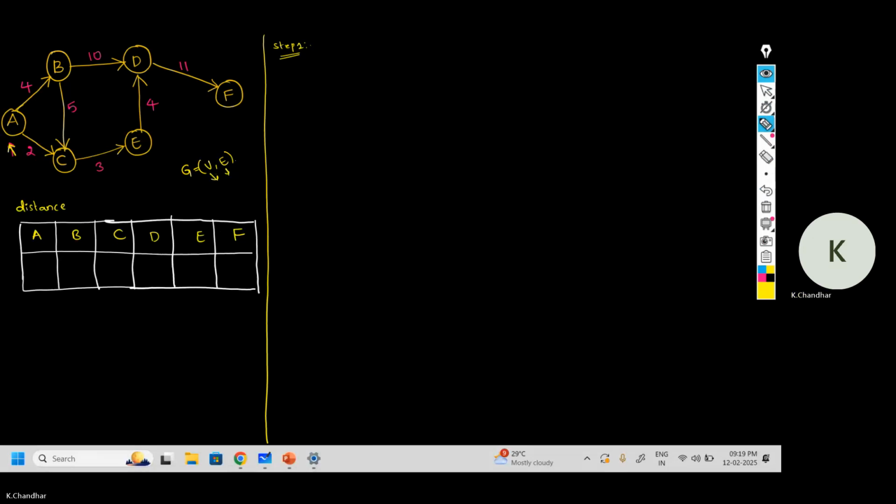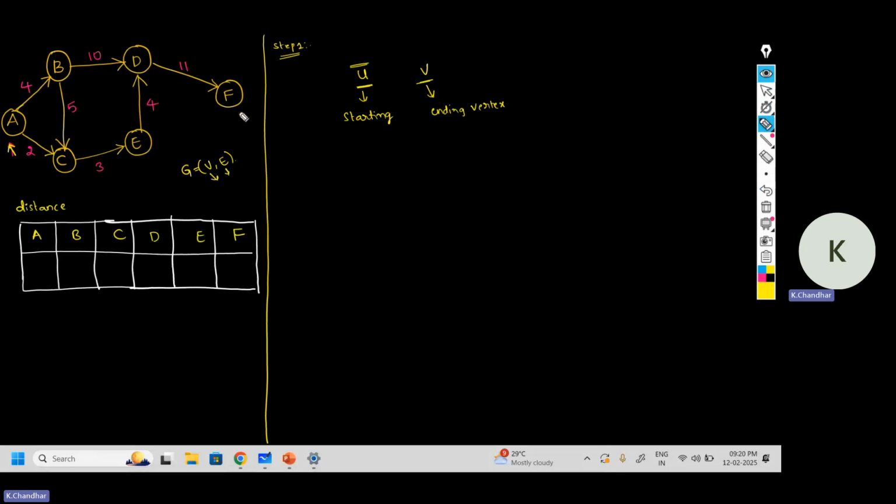Before starting this Dijkstra algorithm, I will tell you some notations which I am going to use. That is U, comma V. Here U represents the starting vertex: while applying this Dijkstra algorithm on this graph, the vertex from which I am starting is going to be represented by U. And capital V represents the ending vertex, or the visiting vertex.